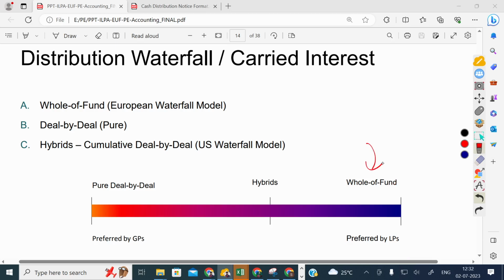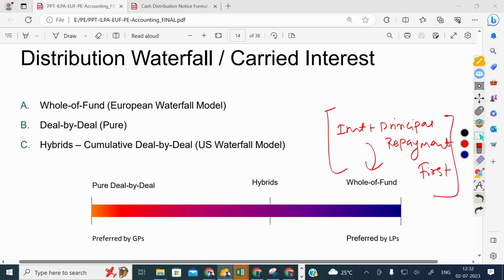Because this model ensures interest plus principal repayment first, and then after that the commission will be charged, which you can call a catch up. Commission will be charged after the repayment of all investment from all the deals, not only one.